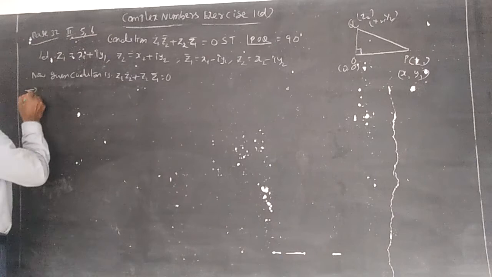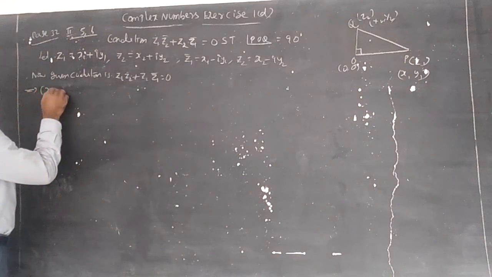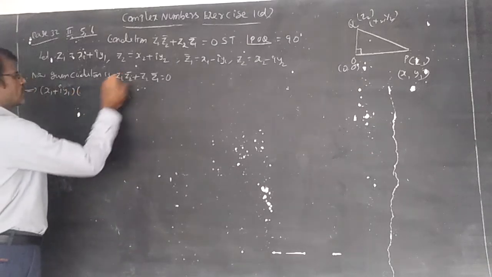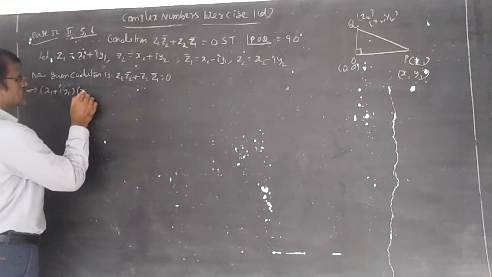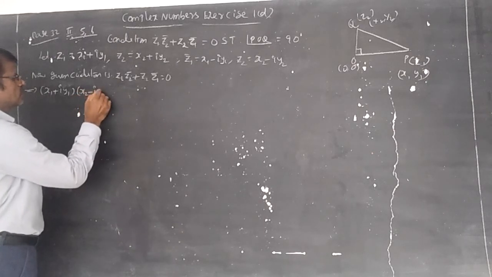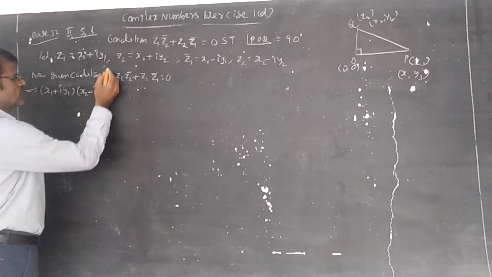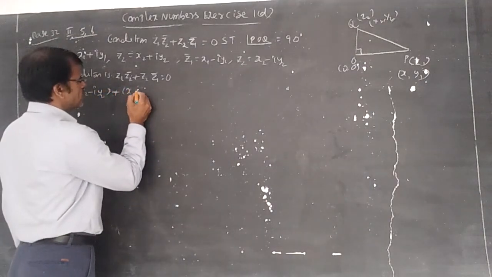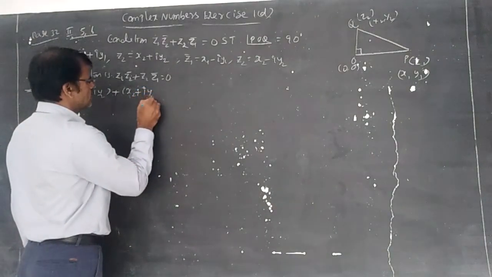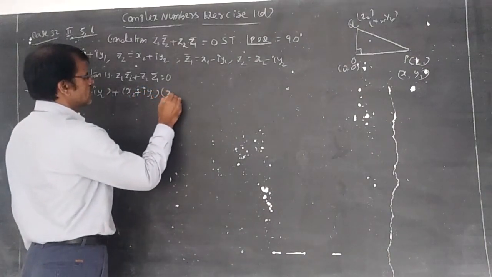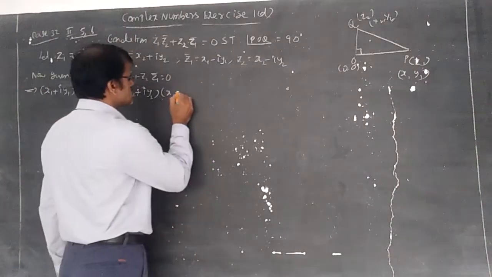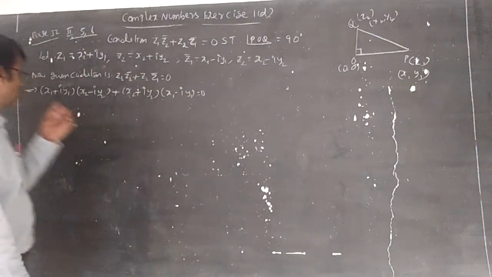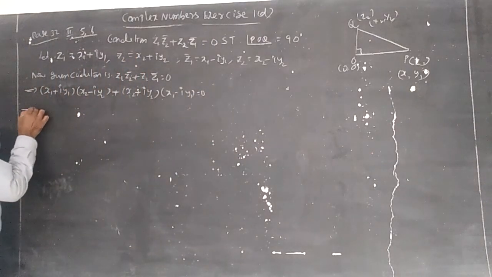That implies, substitute the values here. Instead of Z1 you write x1 plus i y1 into Z2 bar, Z2 bar meaning x2 minus i y2, plus Z2 meaning x2 plus i y2 into Z1 bar meaning x1 minus i y1, is equal to 0. Now multiply term by term.